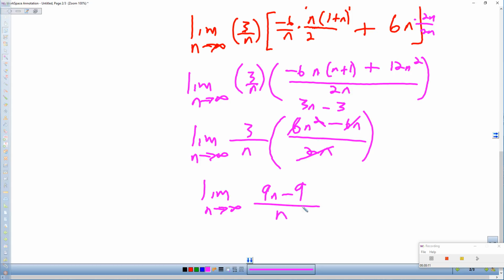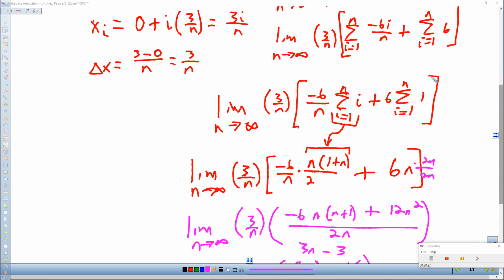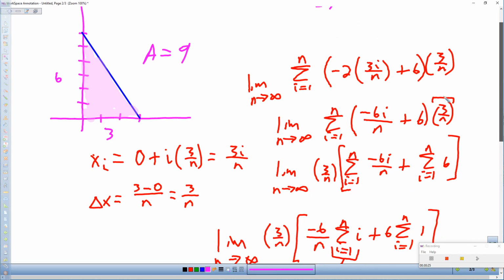I just multiply this part out here. How can 3 over n just come out like that? Does this 3 over n change as I change it? If, for example, this equals 1, I'd have 1 times 3 over n.